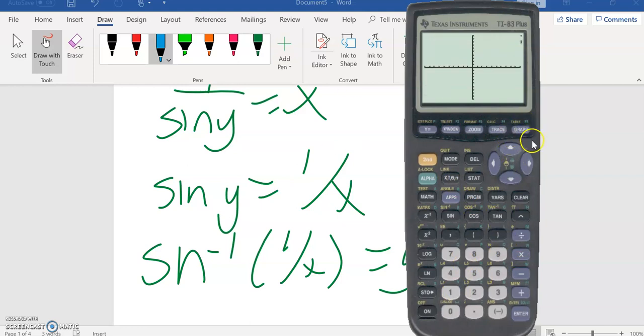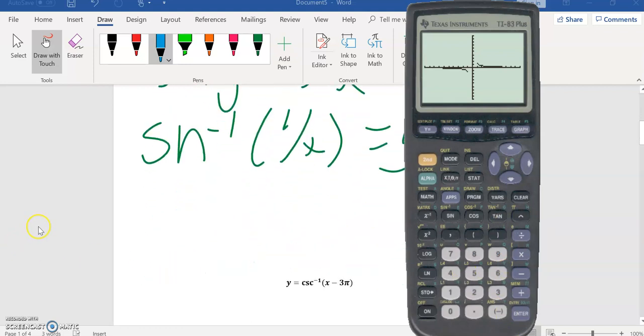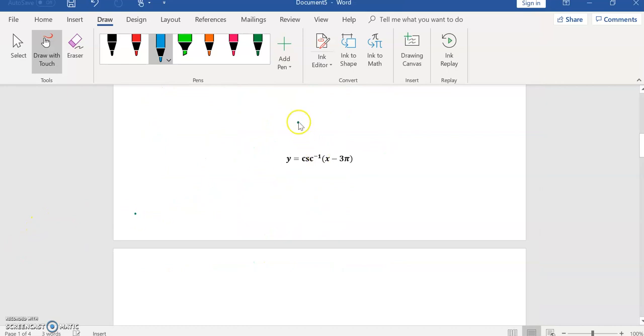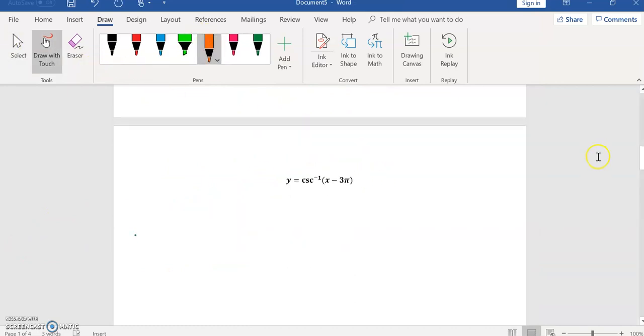And then I go to graph it, and I'm going to get this graph. Again, you might want to change the window and look at it a little bit better, but that's the general gist of it. Even something like this really isn't any different. I'm just going to rearrange this.